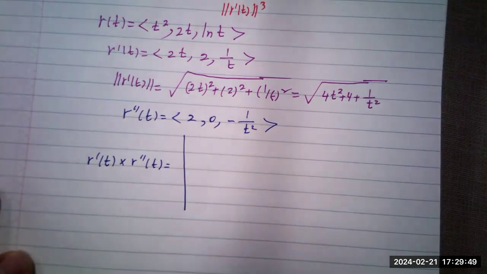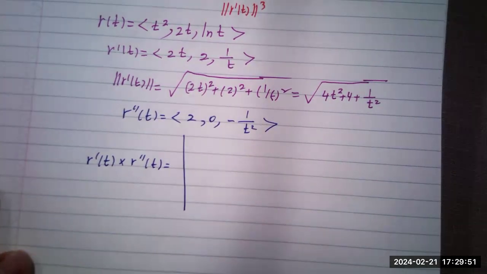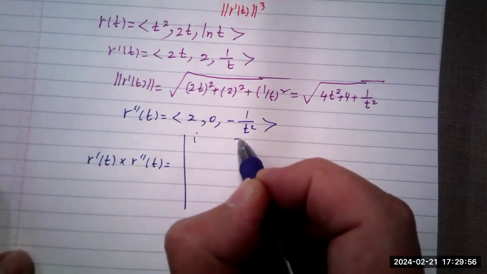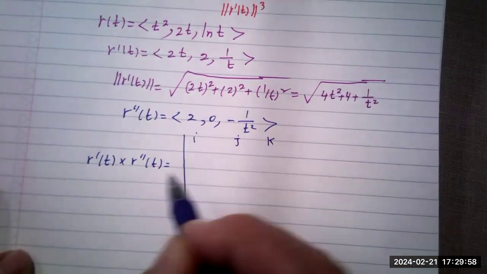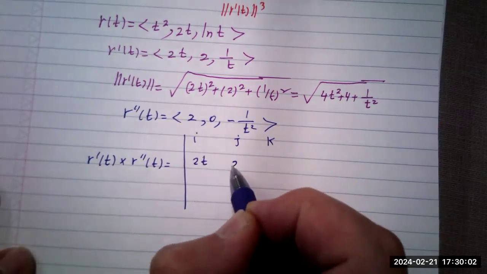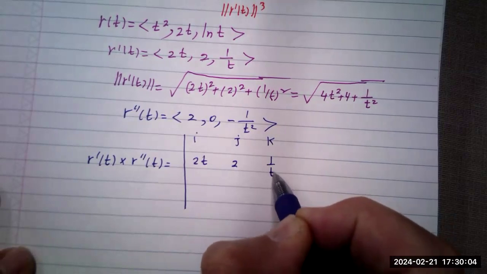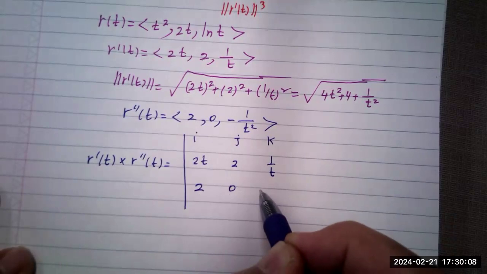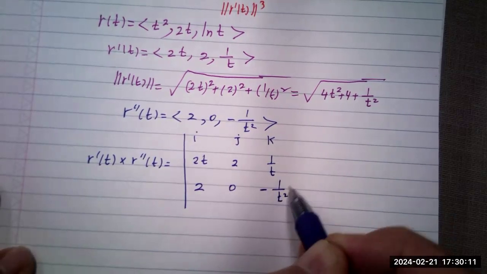It's the determinant of the matrix with i, j, k; r prime is 2t, 2, 1 over t; and r double prime is 2, 0, negative 1 over t squared.